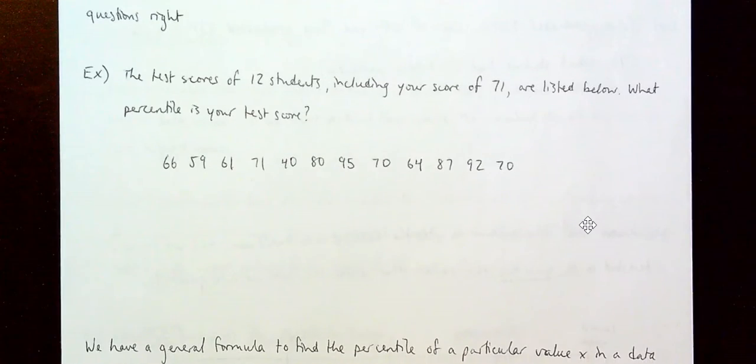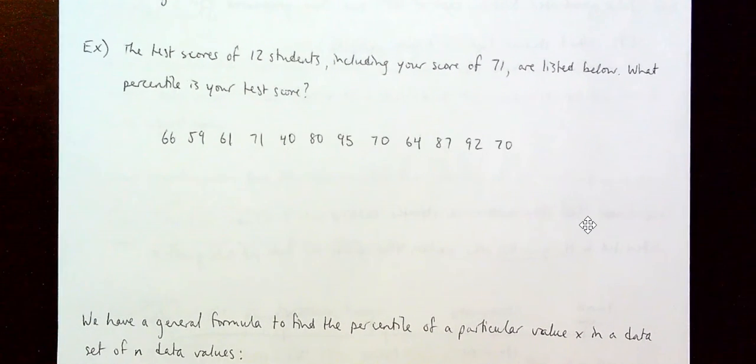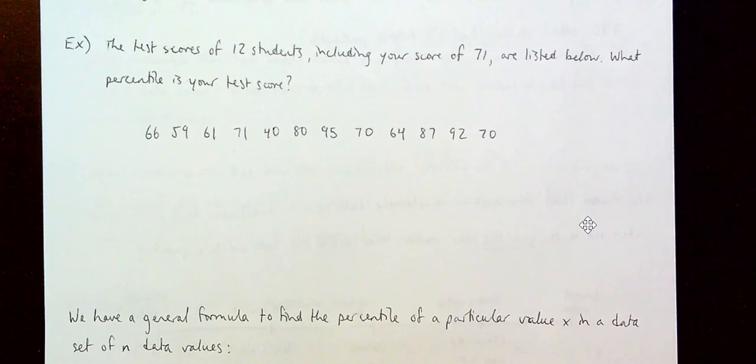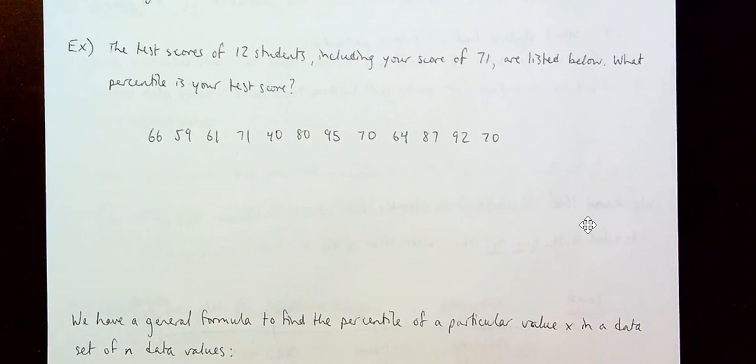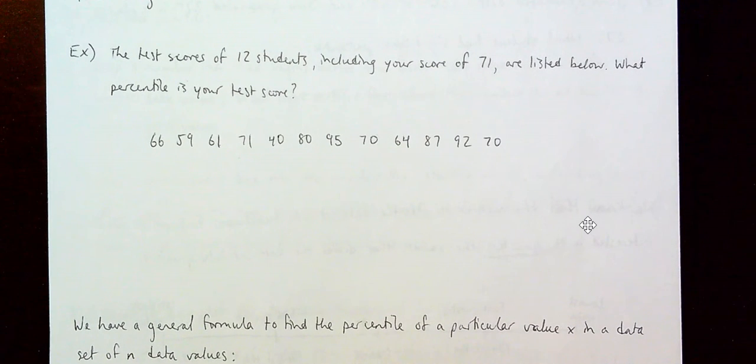So getting into some sample problems now. Suppose the test scores of 12 students, which includes your score of 71, are listed below. What percentile is your test score? So we see we have our 12 test scores right here.